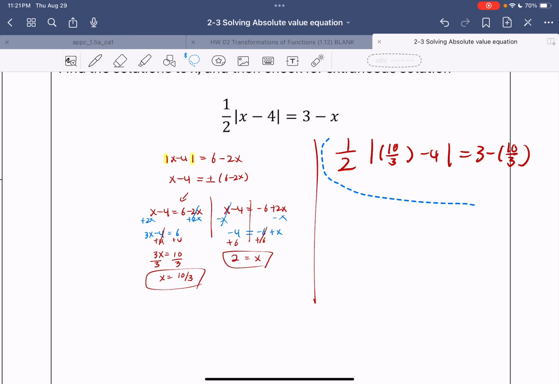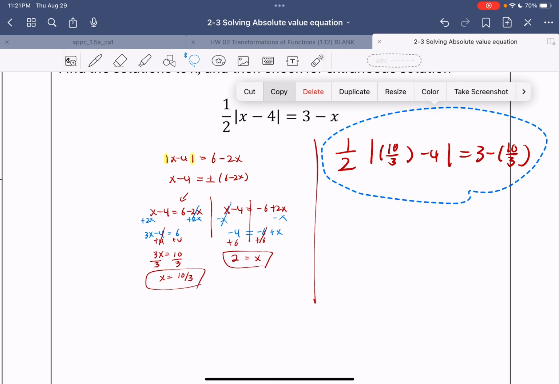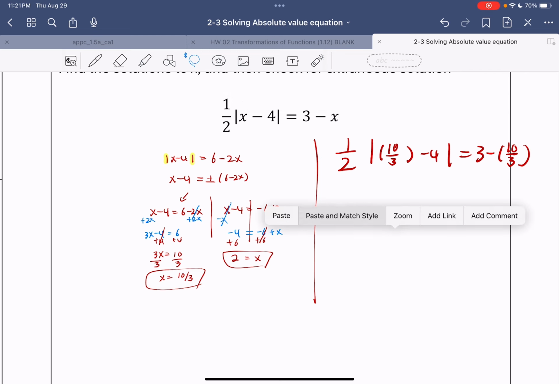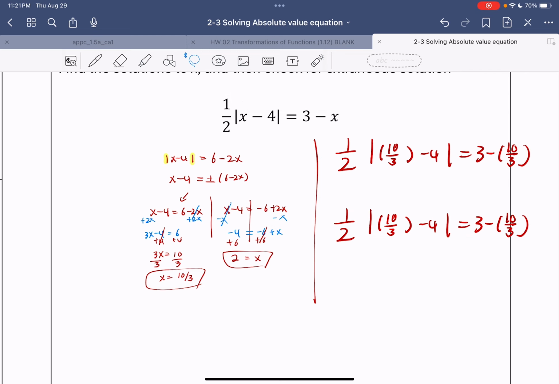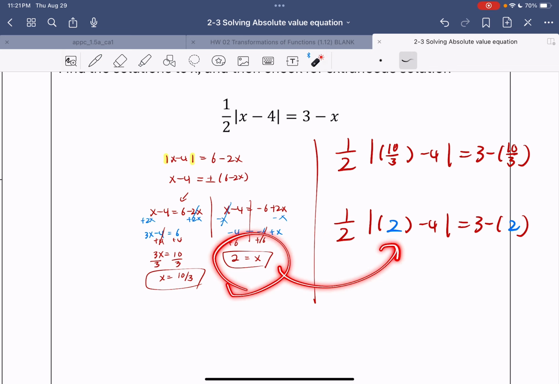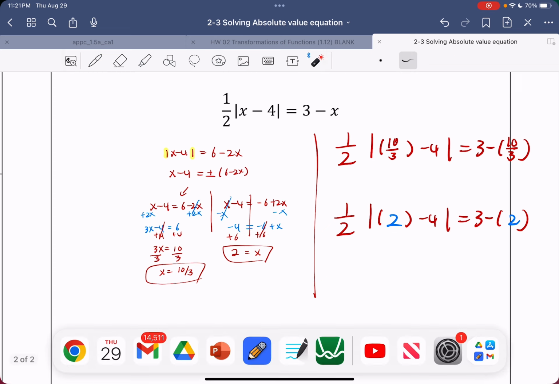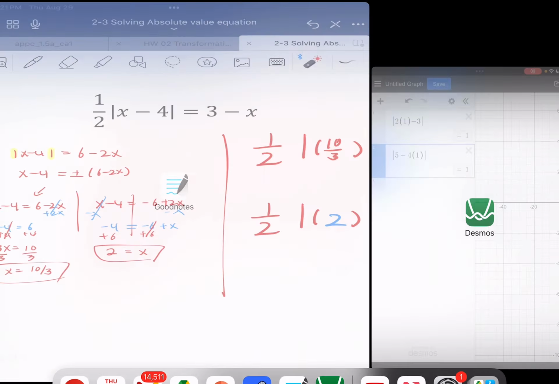And the other one, as you know, it's the same thing. Copy, paste. Only thing that I have to do is instead of 10/3, I have to write 2, because that's what I got here, okay? So let's put it into the decimals and see if they are equal to each other.